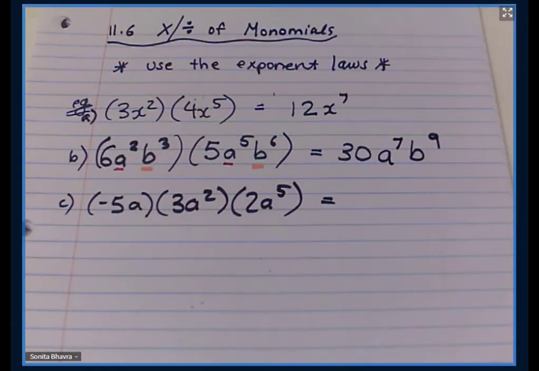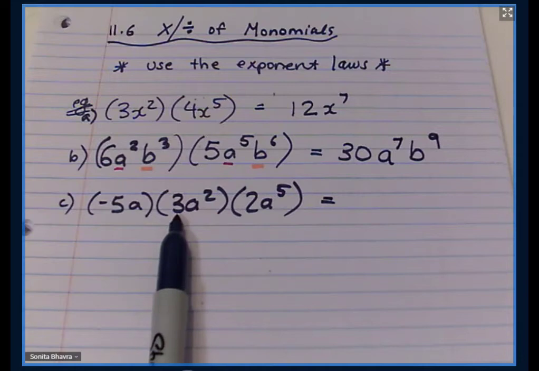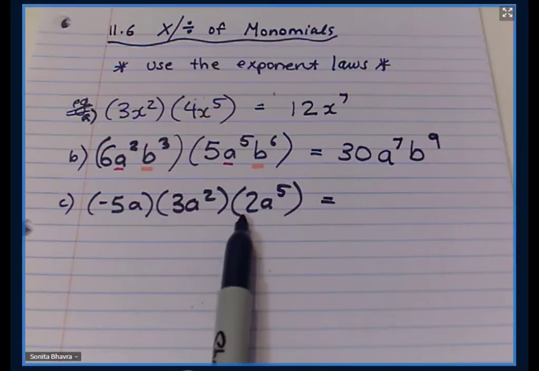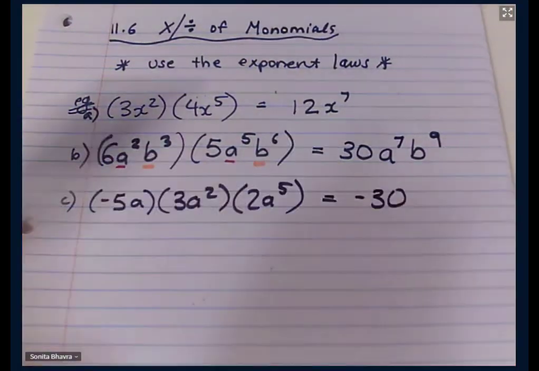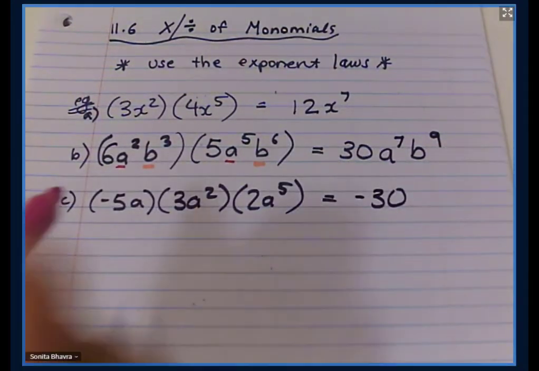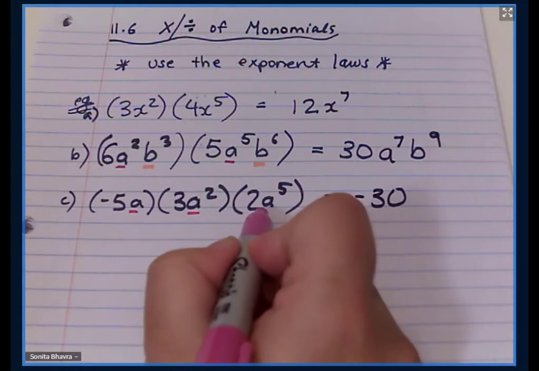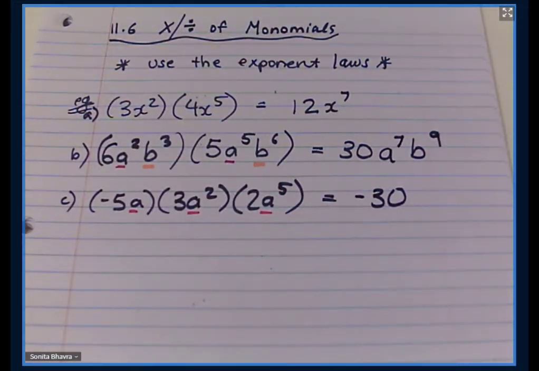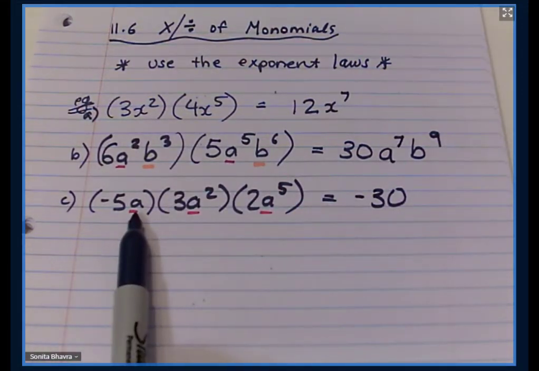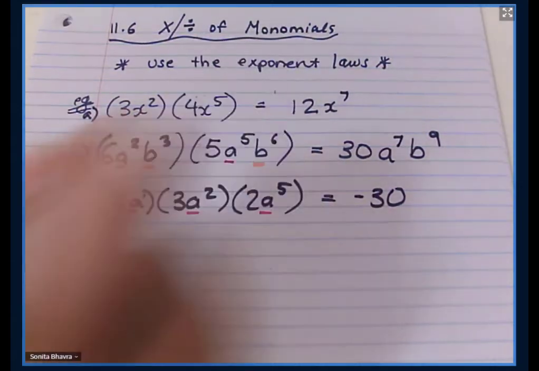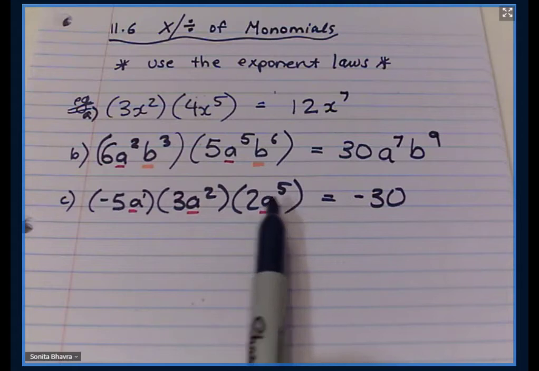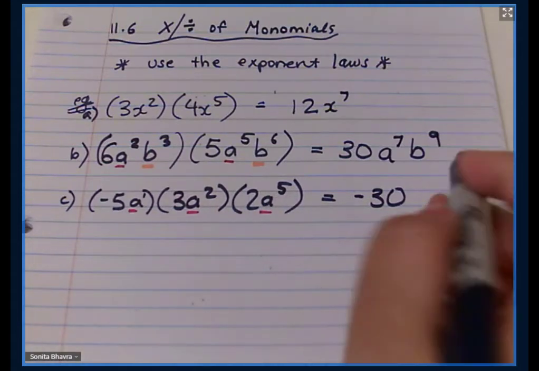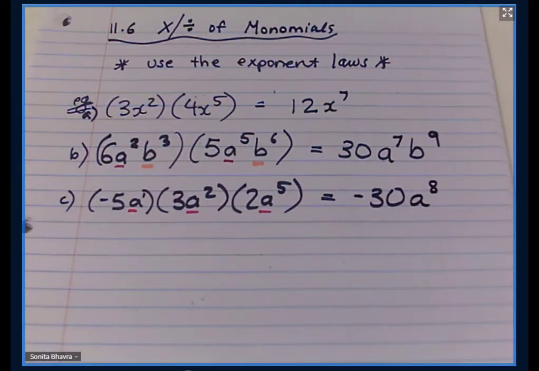So negative 5 times 3 times 2 gives me negative 30. And now if we look at all of our bases, we have an a, an a squared, and an a to the power of 5. Remember that if you have an a here, it means it's a to the power of 1. So we have to add 1 plus 2 plus 5, which is to the power of 8. So a to the power of 8.